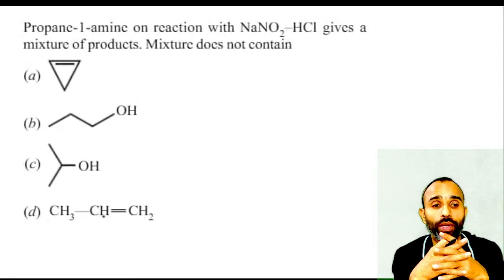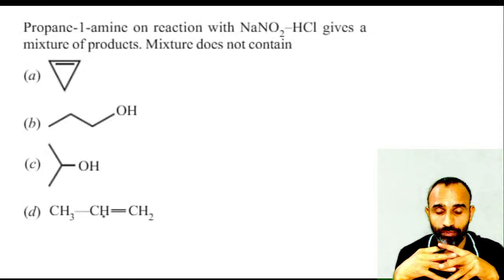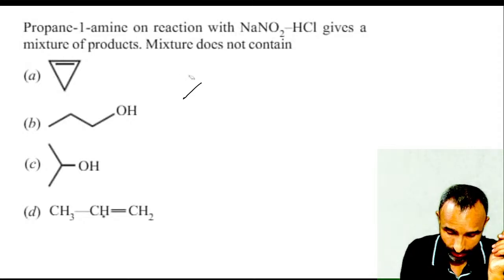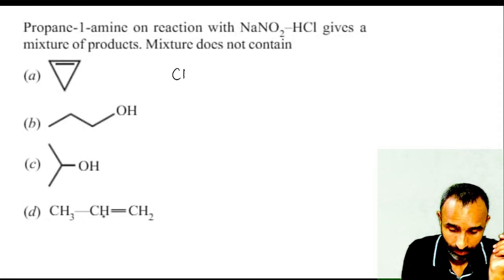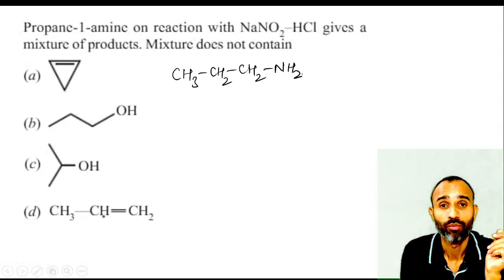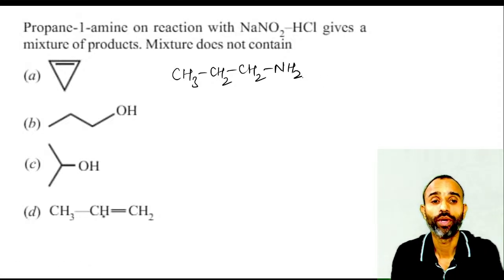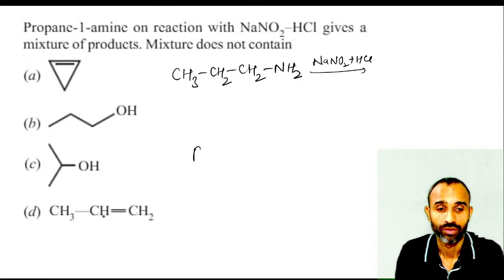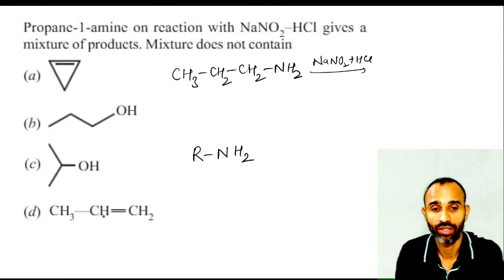Now propane 1-amine. Now propane 1-amine when reacted with NaNO2 plus HCl, keep in mind it behaves like this: HNO2 to give HONO.